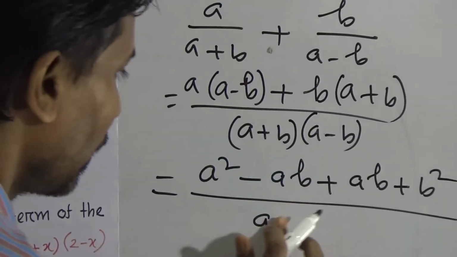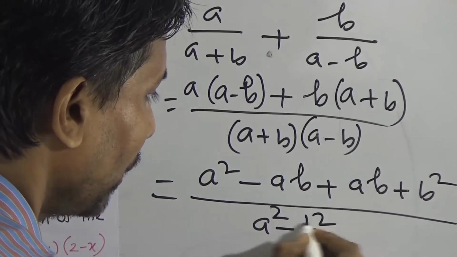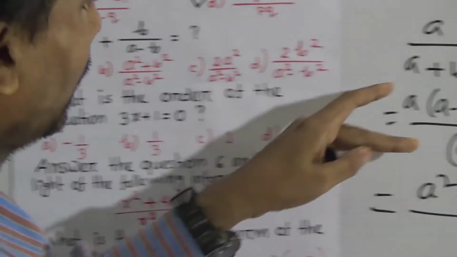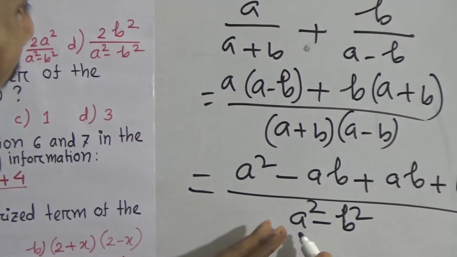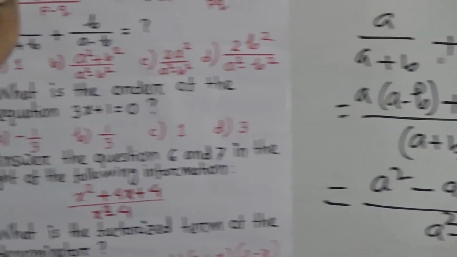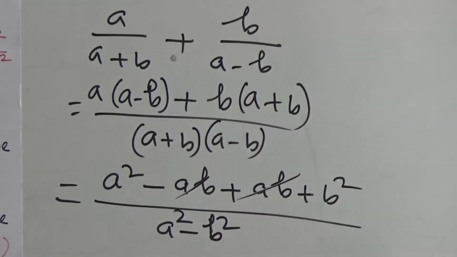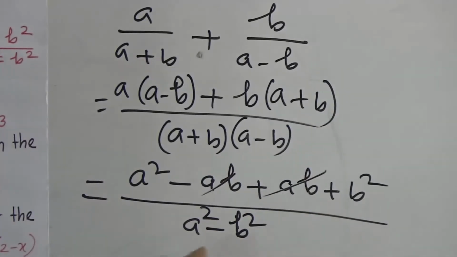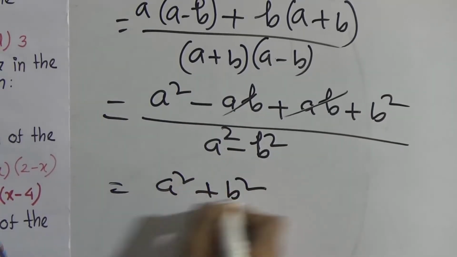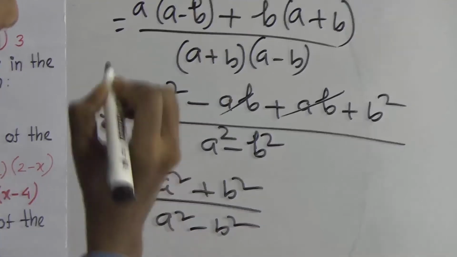You know this formula. Look, minus ab and plus ab vanish. Then we get a square plus b square by a square minus b square.